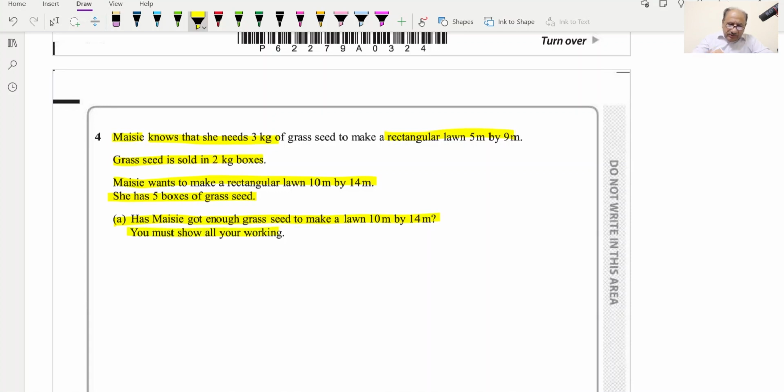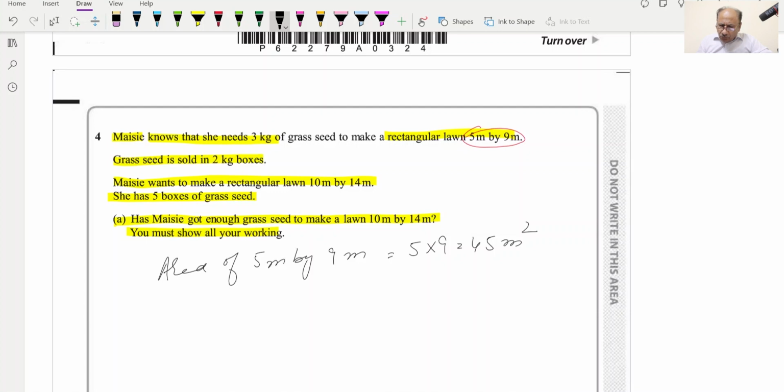Now we will check the area of this one. 5 meter by 9 meter will be how much area? Area of 5 meter by 9 meter will be equal to 5 into 9, which is equal to 45 meters square. Now for 45 meters square, we require 3 kg.